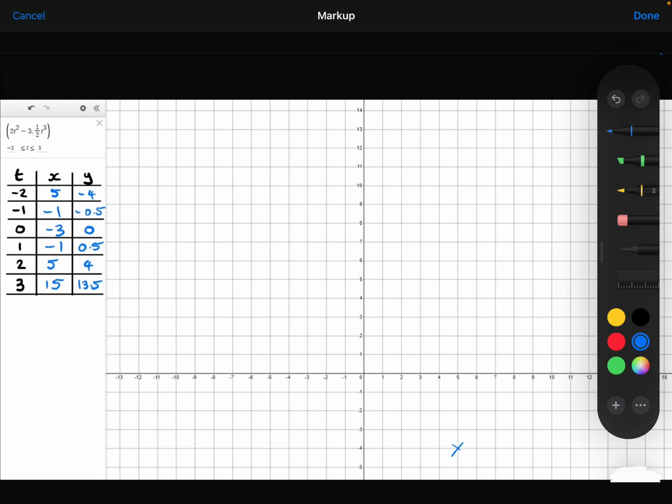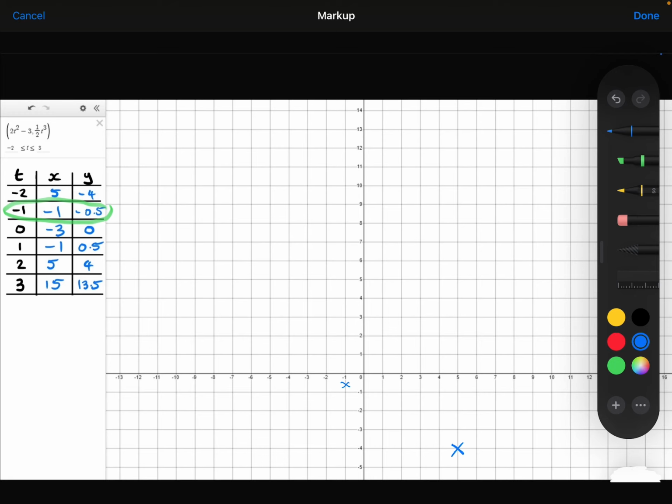So I can plot that onto my graph here. This point here, the coordinate 5, minus 4, that's when t is minus 2. And you can see in the table over here, I've done the same thing when t is minus 1. So I've got the x coordinate minus 1, the y coordinate minus a half, which is roughly here.